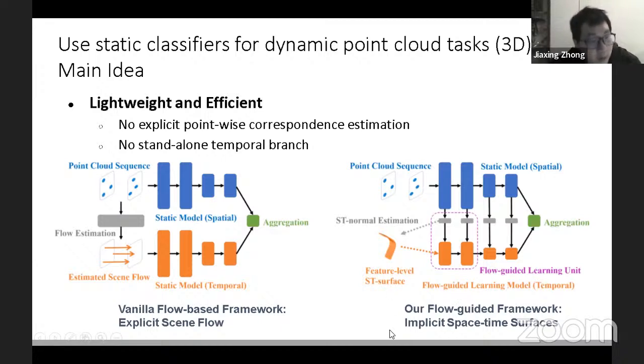And in our framework, we are trying to achieve a similar goal in another way. We are trying to reduce these two processes into one.